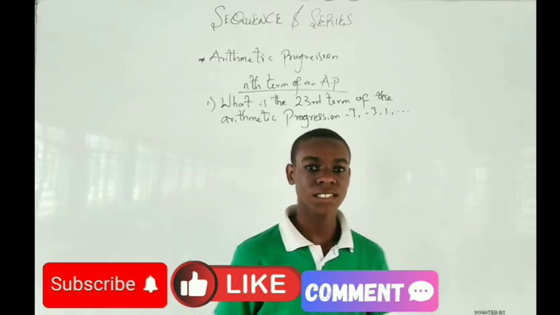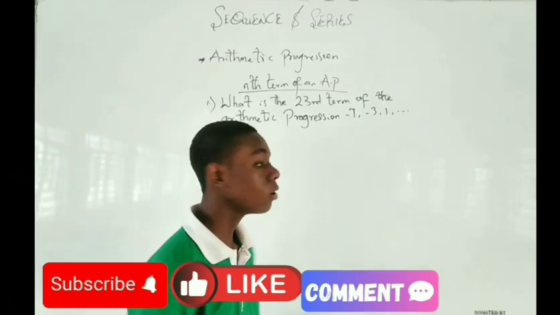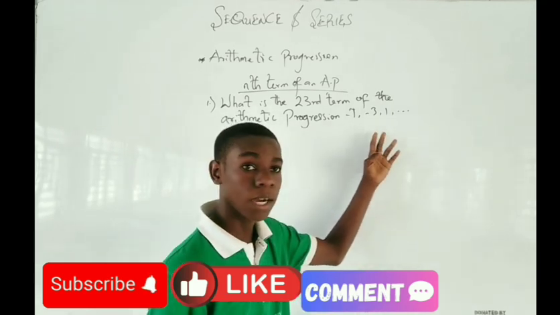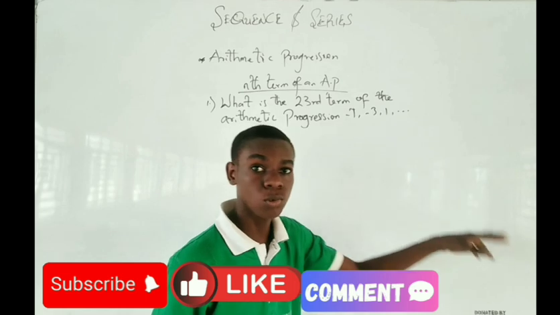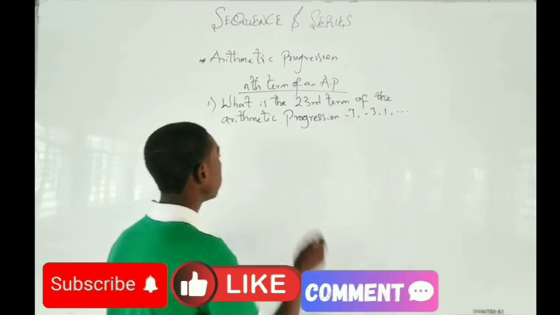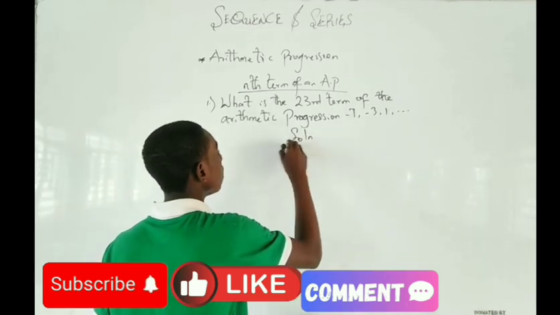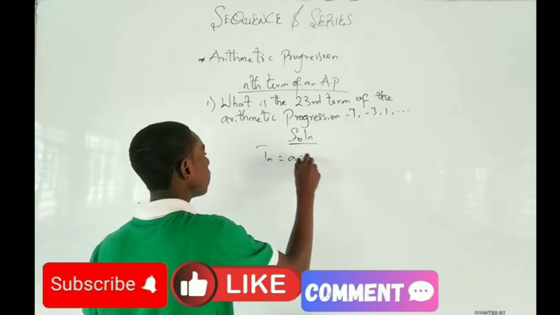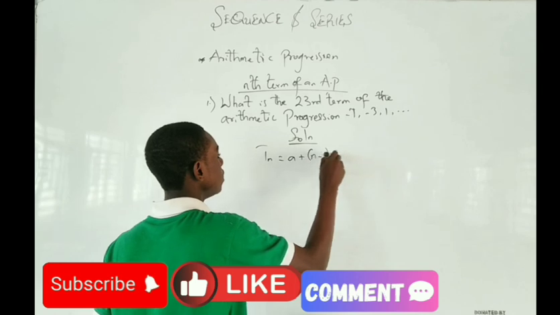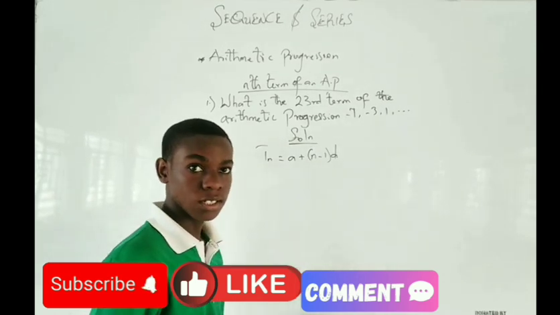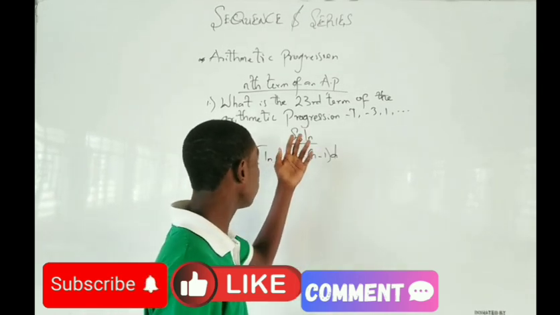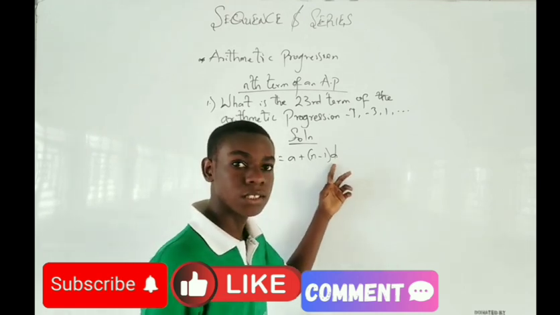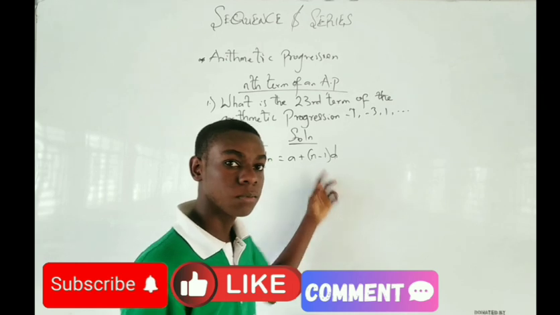Now I give you the first example: find the 23rd term of this arithmetic progression: minus 7, minus 3, 1, and so on. To find the 23rd term, I'm going to use the formula T of n is equal to A plus n minus 1 times D, the formula I just derived. Before you can solve this, you need your A, that's your first term, your common difference D, and your n, that's the number of terms.